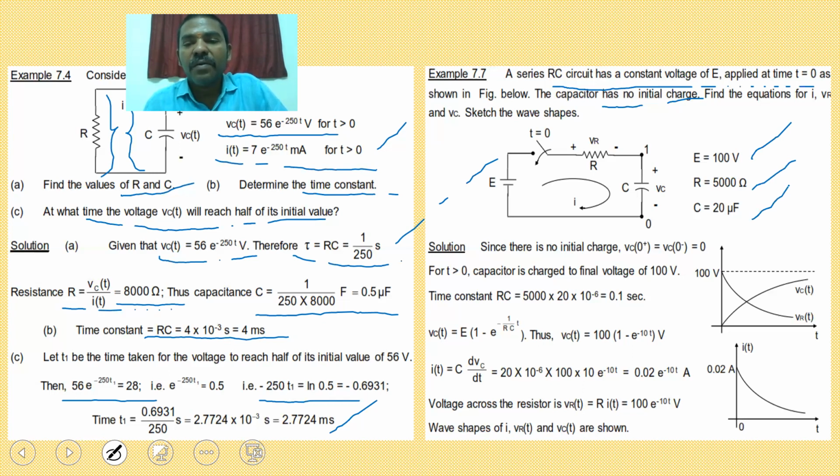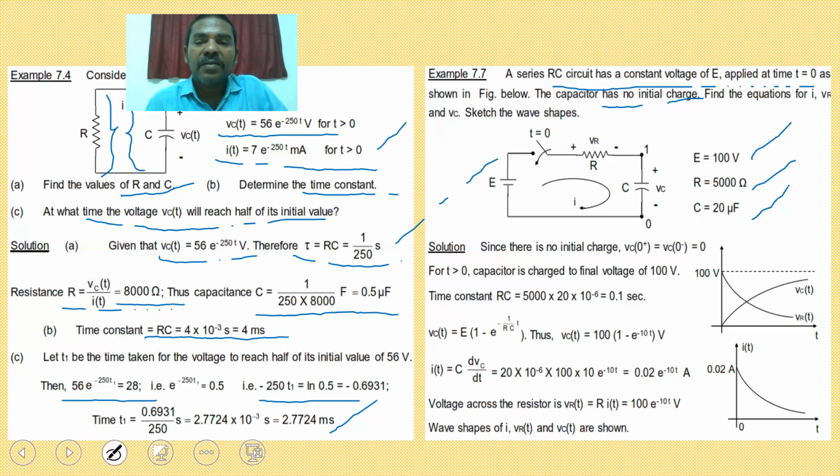Okay, so initially there is no capacitive charge. At t is equal to 0, the switch will be closed. So you can get two conditions: t is equal to 0 minus, just before the switch is closed, and t is equal to 0 plus, immediately after the switch is closed.